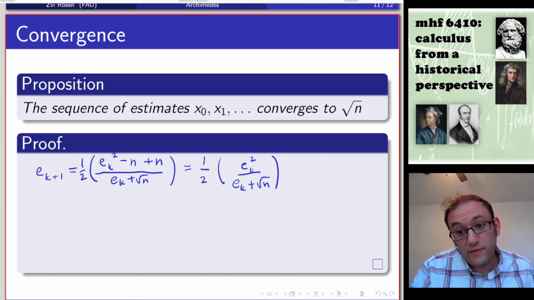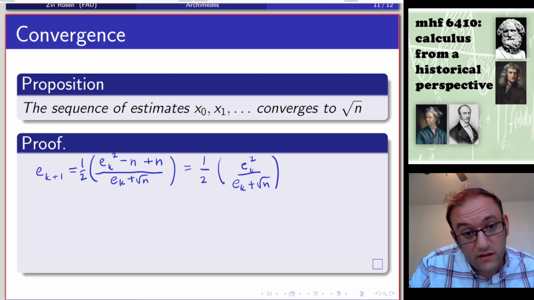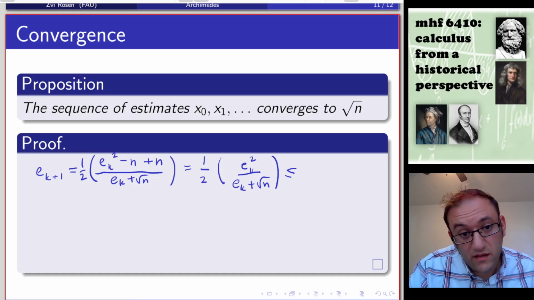You can get an upper bound on this fraction by making the denominator as small as possible. We know that e_k plus root n has to be bigger than e_k, so let's make it e_k, and we're left with 1/2 e_k.